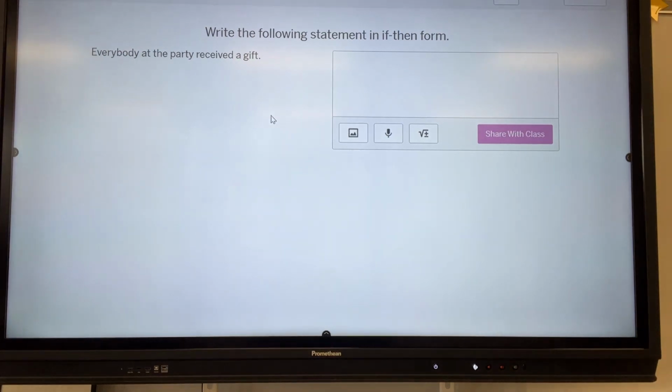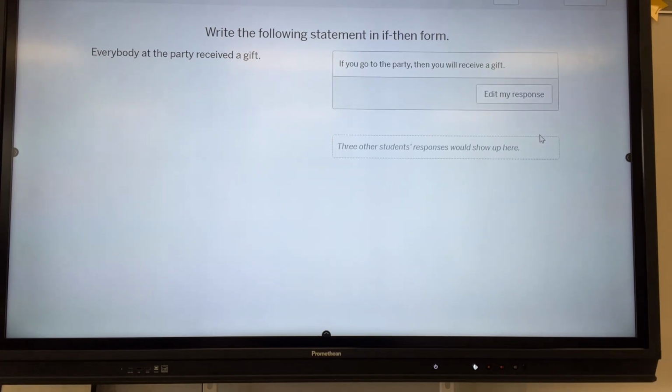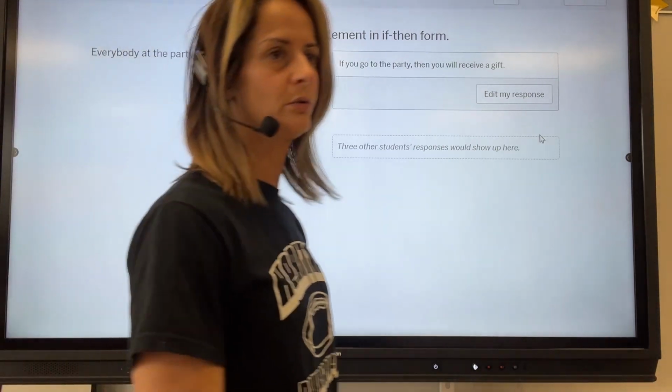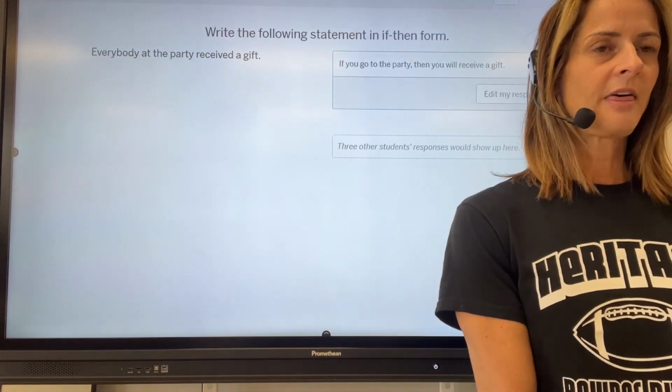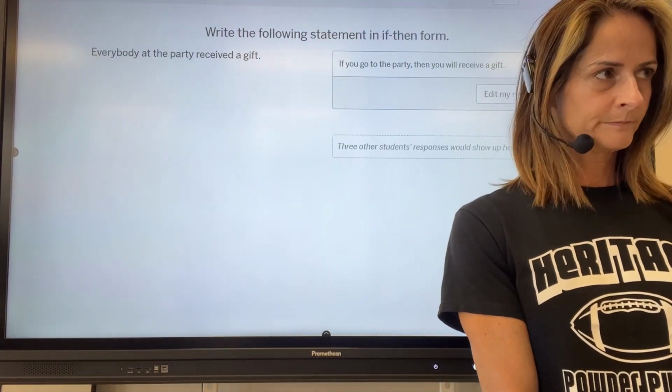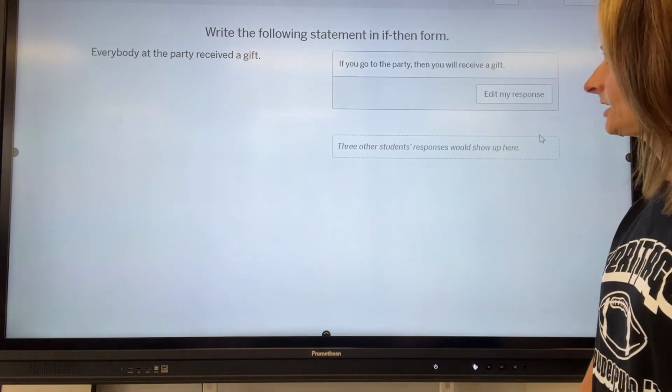So I'm going to write if you go to the party, then you will receive a gift. There we go. I took that statement and put it in conditional form, an if-then form, with a hypothesis and a conclusion.